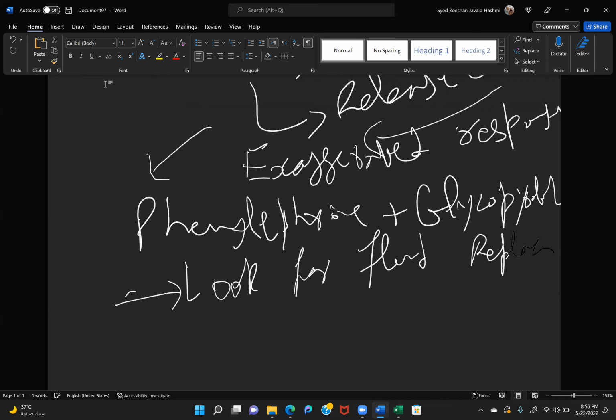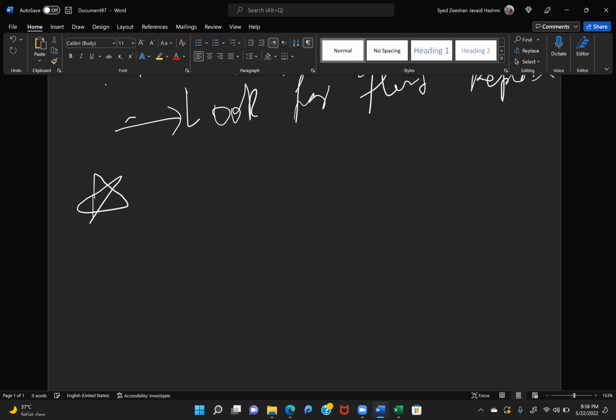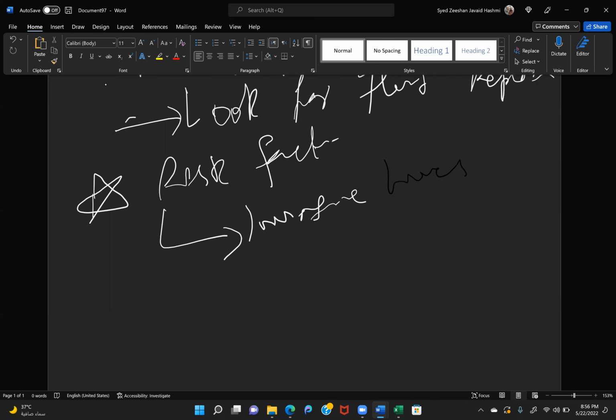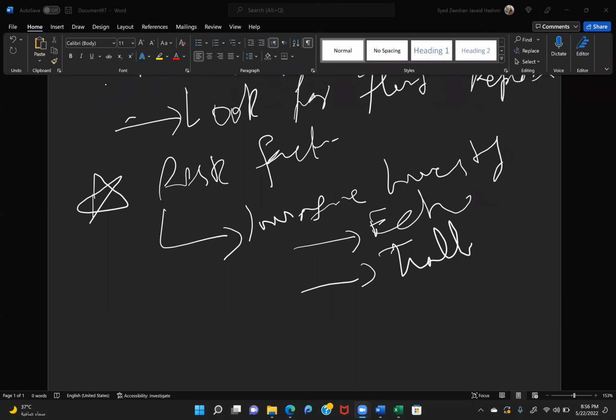Actually, one thing I missed stressing: when you think the patient has risk factors and the patient's blood pressure is not controlled, you will be going for further investigations, like echo, thallium scan, and dobutamine stress echo.